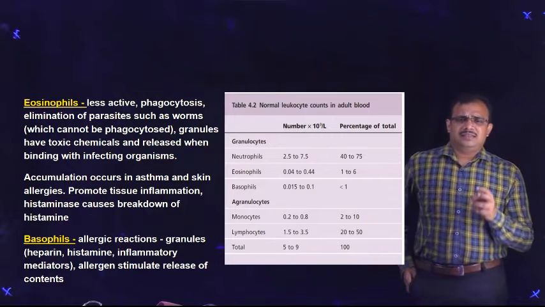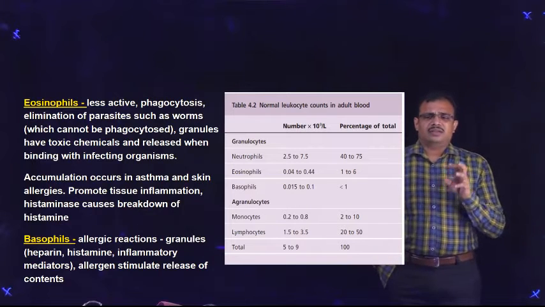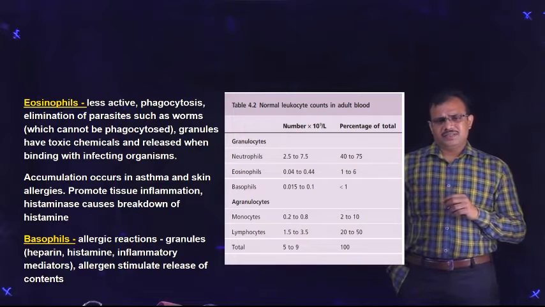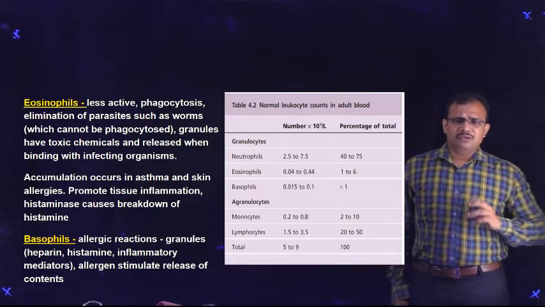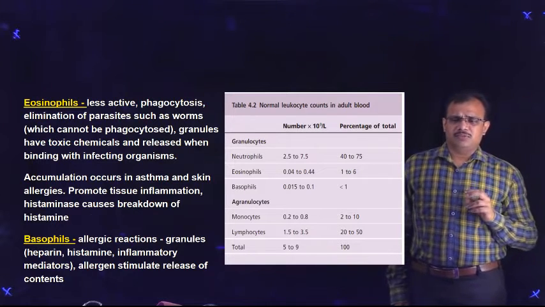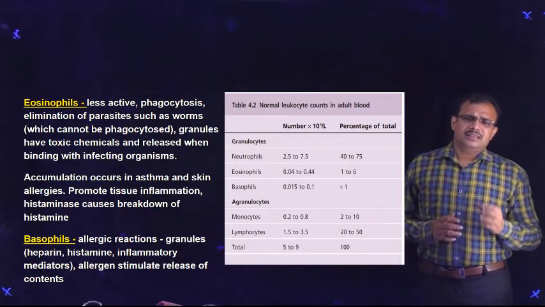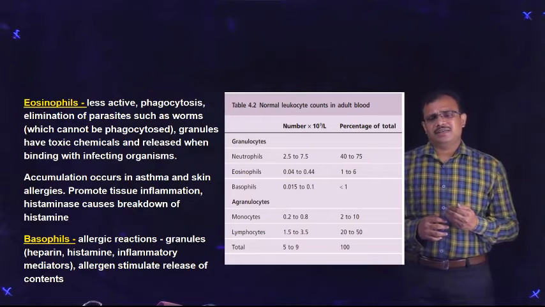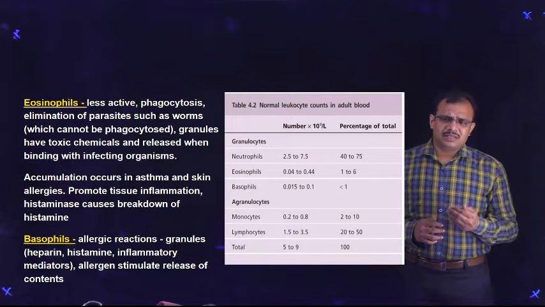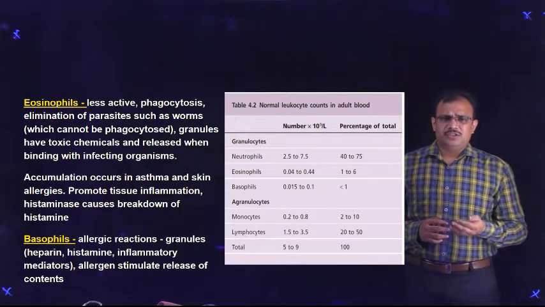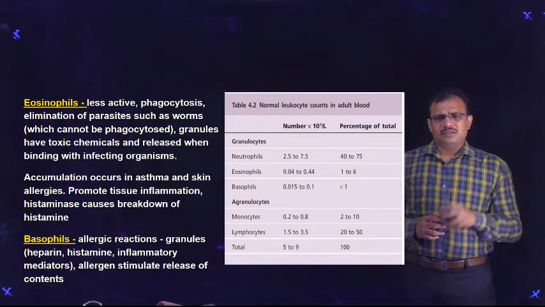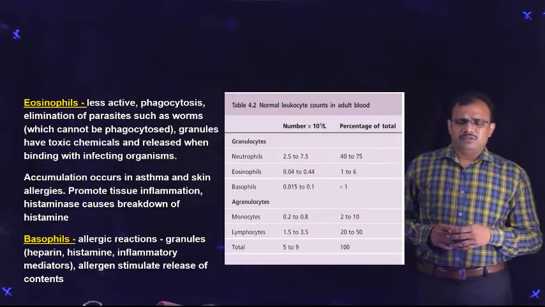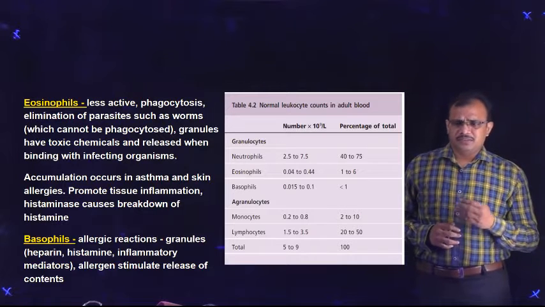Such worms or infectious parasites are taken care of by the eosinophils, which go and bind to those worms. These eosinophils also have granules with toxic chemicals, and these toxic chemicals, released when bound to the worm, lead to the death of the worms or infectious organisms.